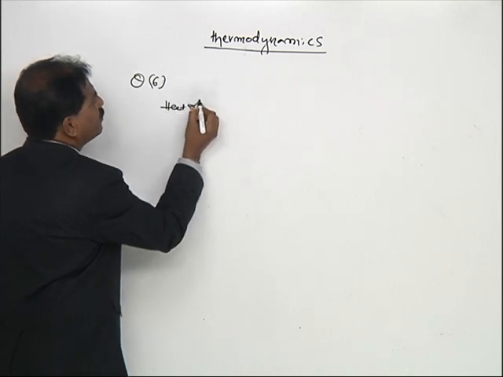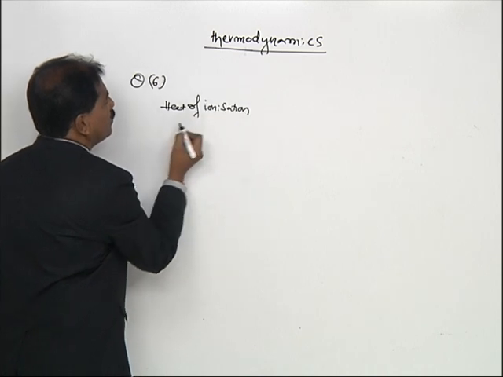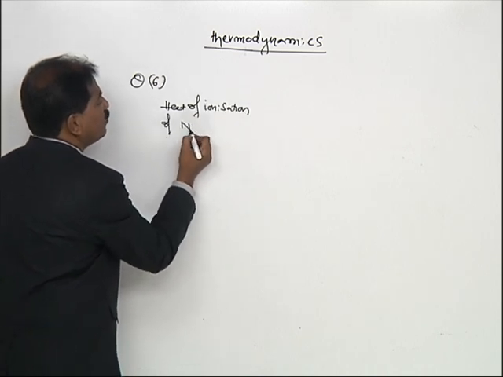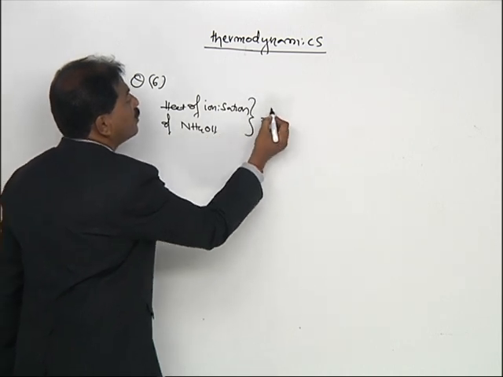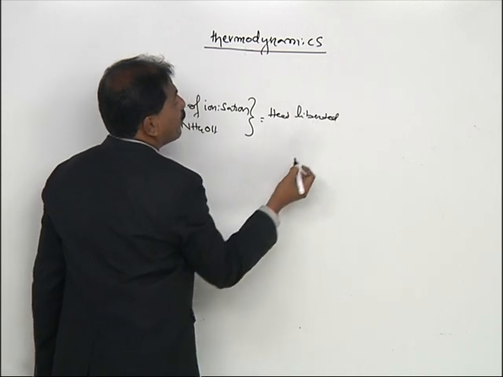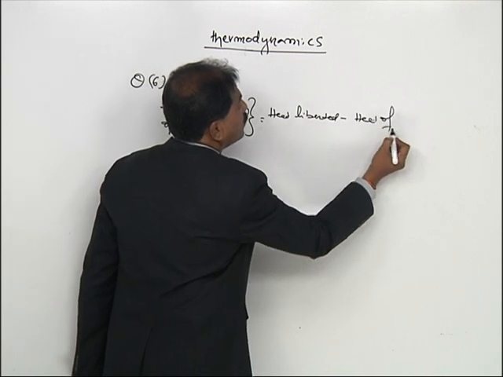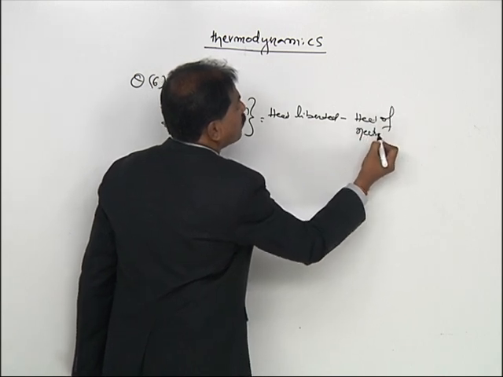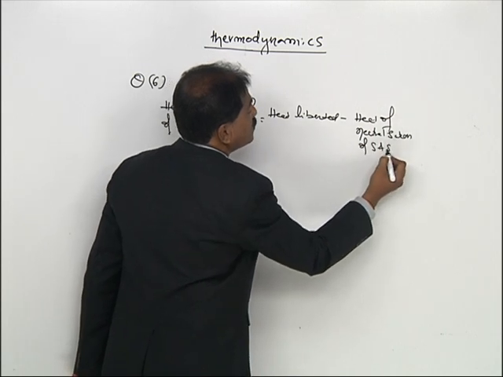Heat of ionization of ammonium hydroxide is heat liberated minus heat of neutralization of strong acid strong base.